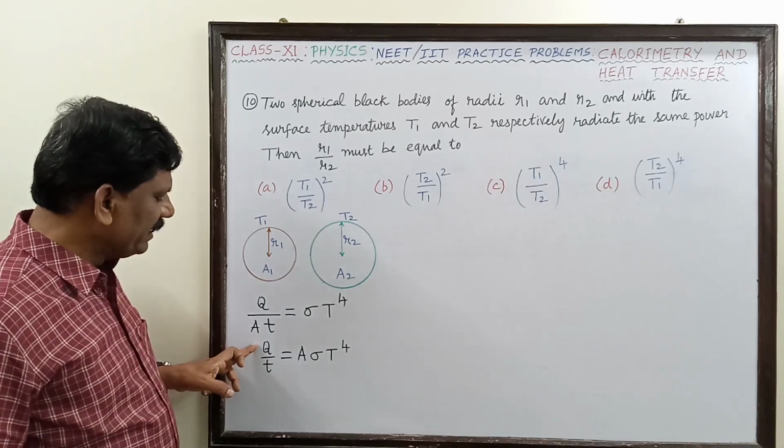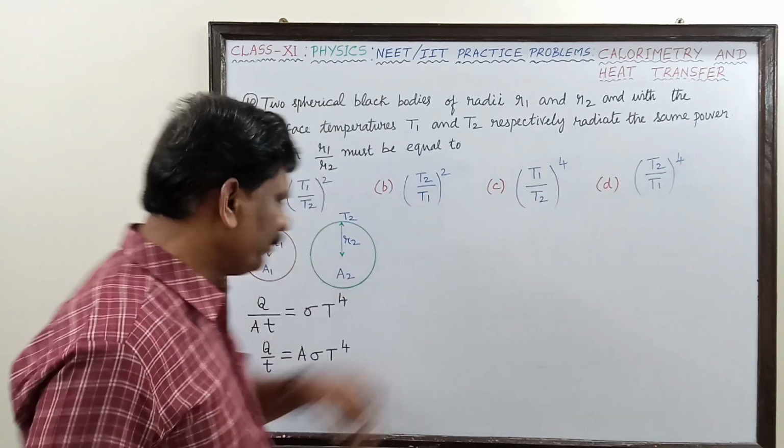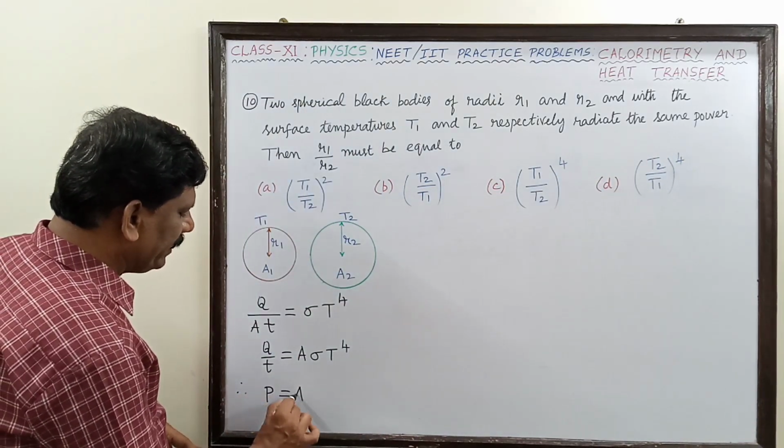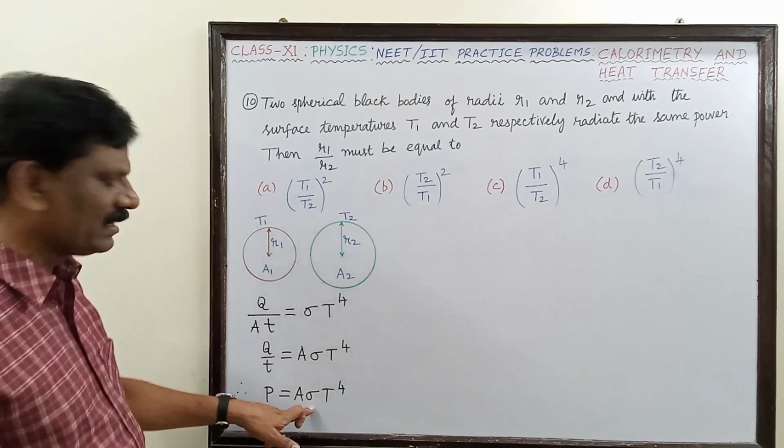This quantity of heat radiated per second is called the power. Therefore, the power P is equal to A into sigma into T power 4, where sigma is called Stefan's constant.